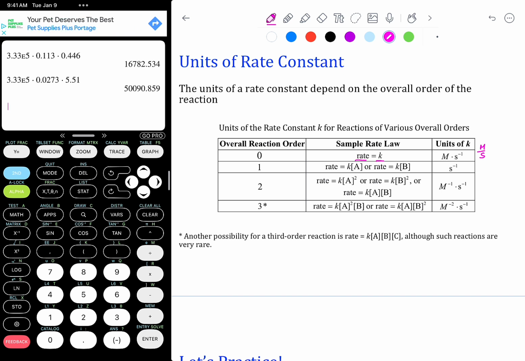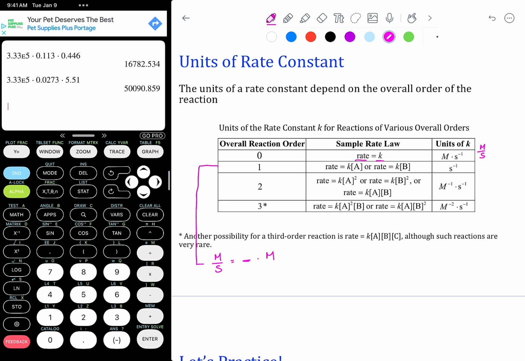If the reaction order is 1, then the units of K are 1 over seconds. And this is because, if I can show my math down here, if I know that rate is molar per second, and I'm looking for my units of K, multiplied by my concentration of one of my reactants, well, we know concentration is molar.